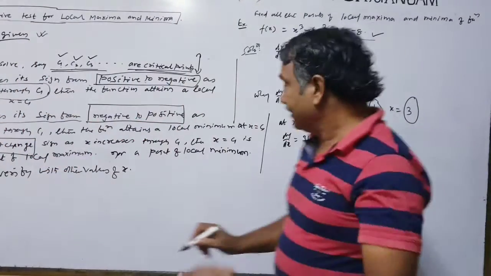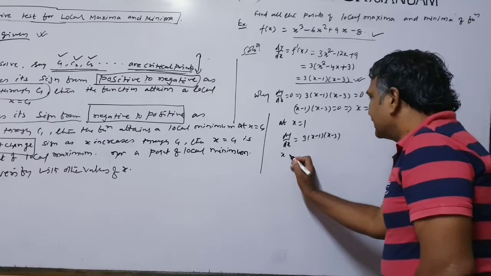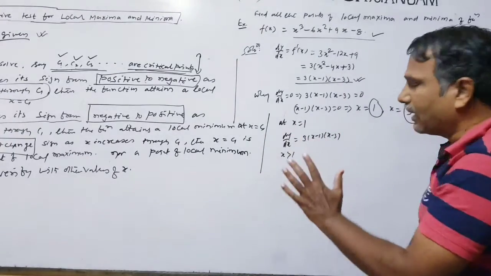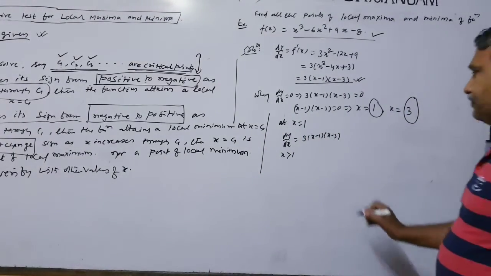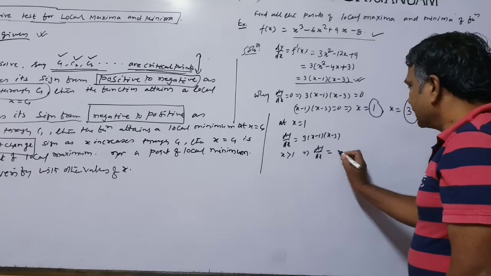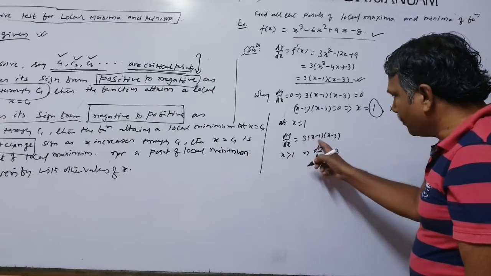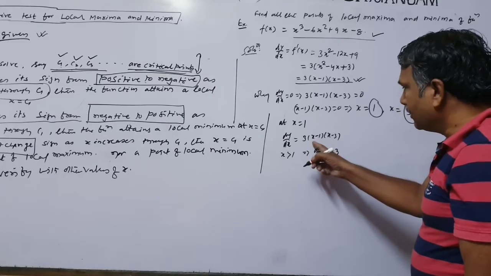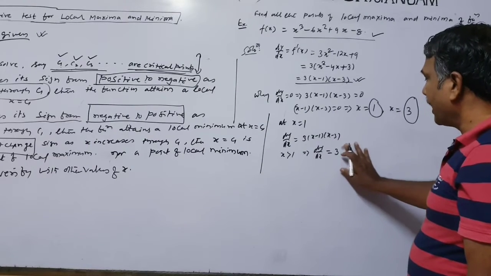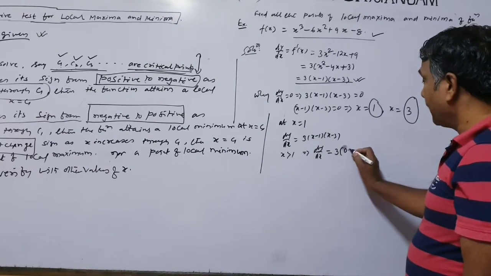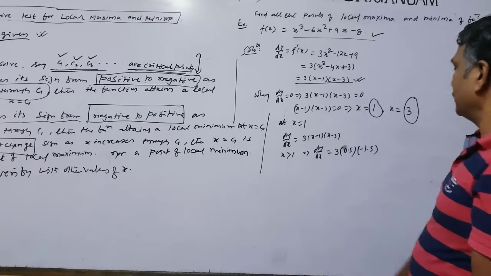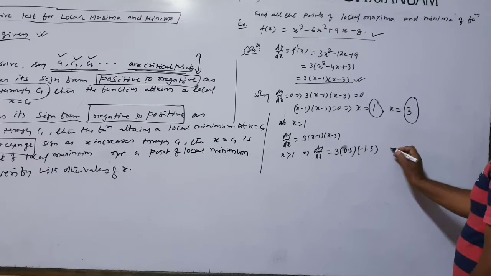Take x greater than 1, let us say 1.5. Then x minus 1 is 0.5, which is positive. But x minus 3 is 1.5 minus 3, that is minus 1.5, which is less than 0, negative.